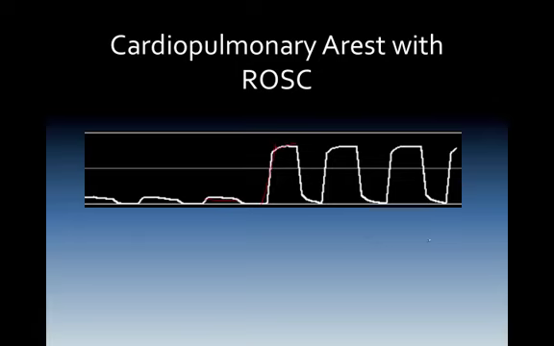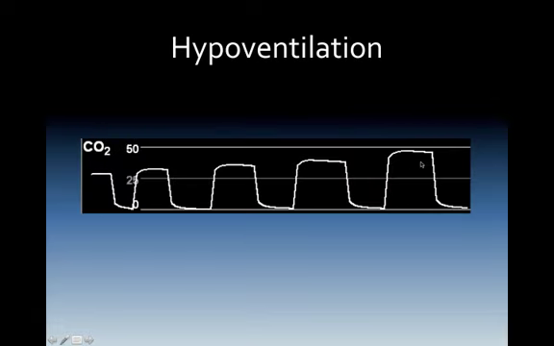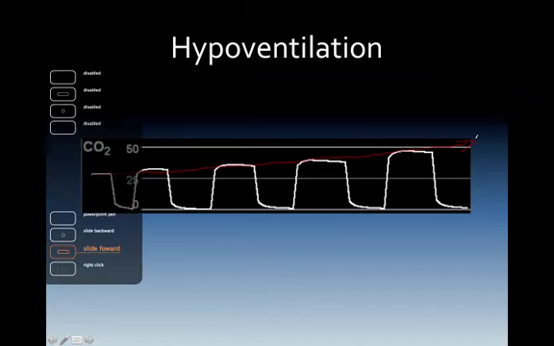So in our next 2-minute cycle, there's a good chance that this person would have a pulse. This is apnea. Where did the wave go? This would be hypoventilation, which would be a steady climb and increase in capnography levels. Hypoventilation would be the number one cause of this.